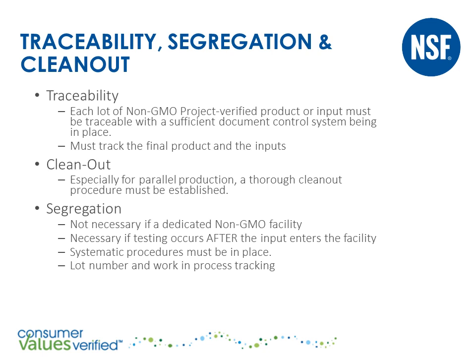The aim of a cleanout and segregation procedure is to prevent GMO contamination of inputs, work in process, and final products. Receiving, production, processing, manufacturing, transfer, and storage facilities, as well as shipping and transportation conveyances, should be inspected and purged as needed to remove sources of GMO contamination.